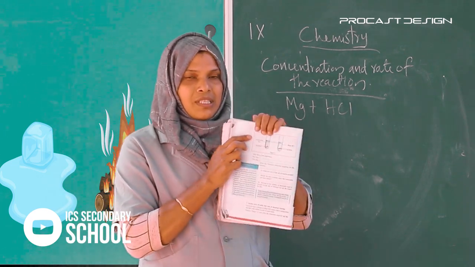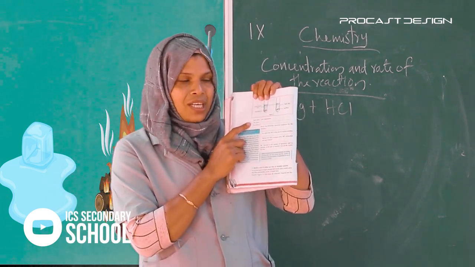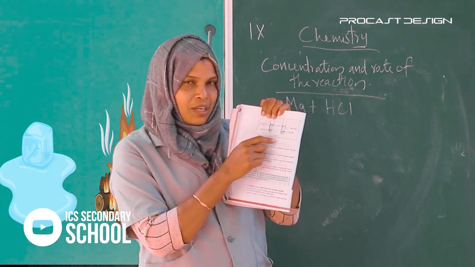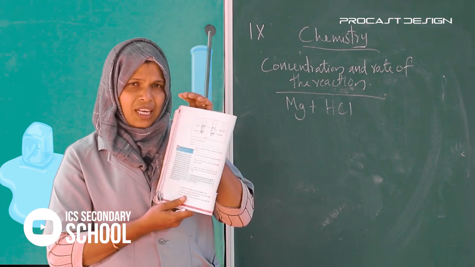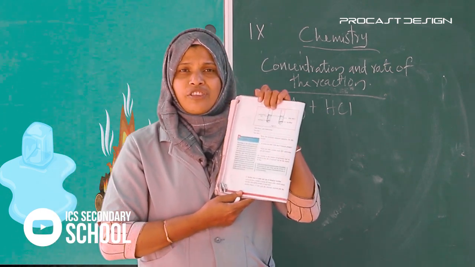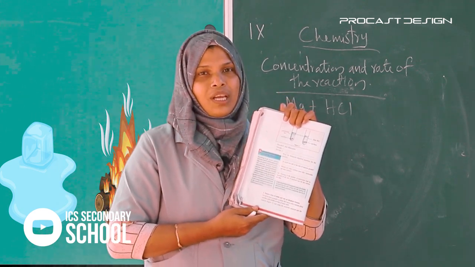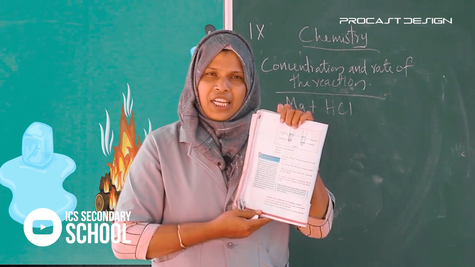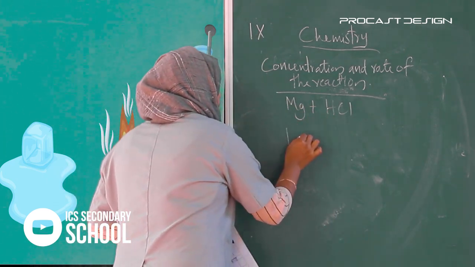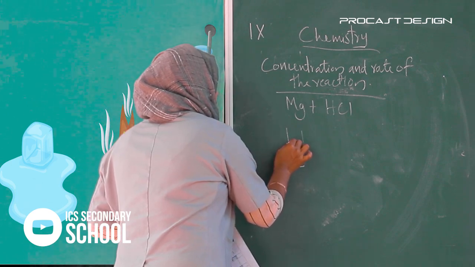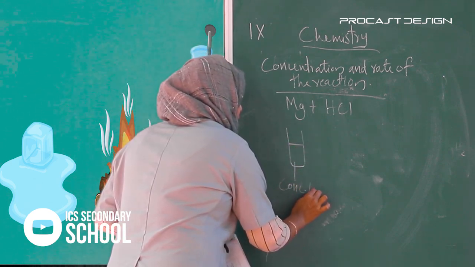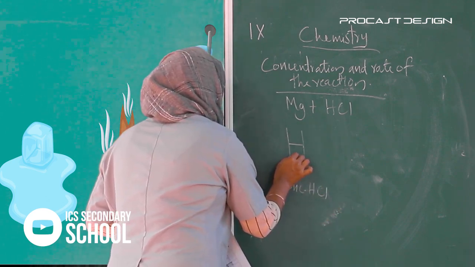This figure represents the chemical reaction: magnesium reacting with the dilute hydrochloric acid and magnesium reacting with the concentrated hydrochloric acid. The first figure indicates magnesium reacting with the concentrated hydrochloric acid.